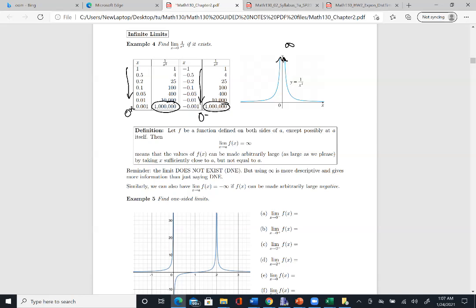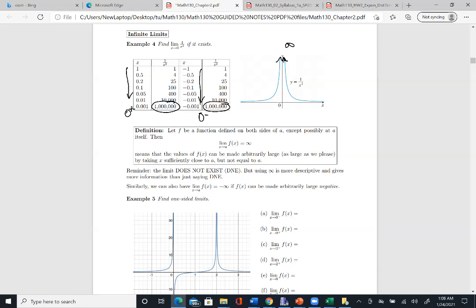Then the limit of f(x) when x goes to a equal to infinity means that the value of f(x) can be made arbitrarily large as we please, by taking x sufficiently close to a but not equal to a.